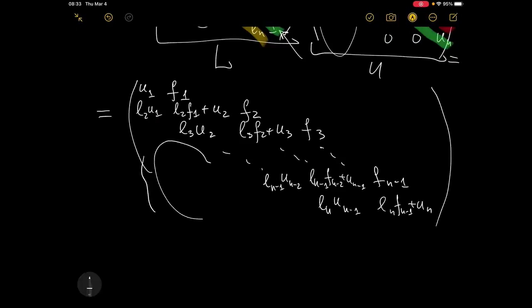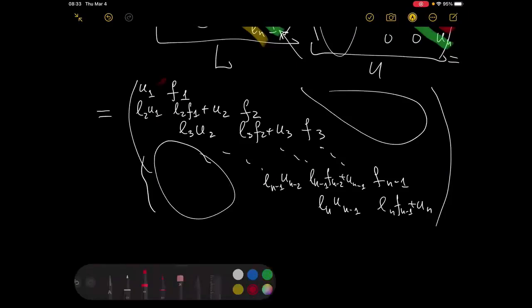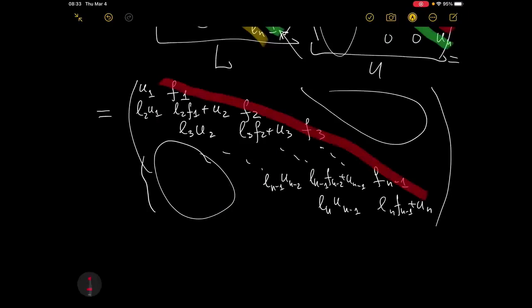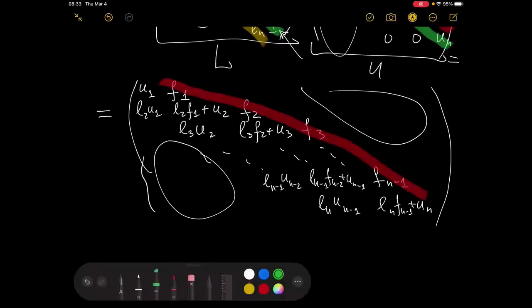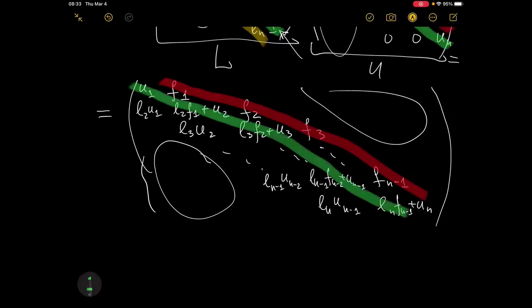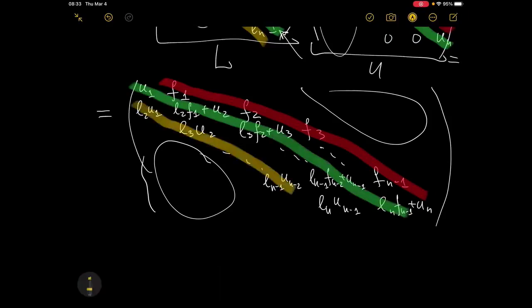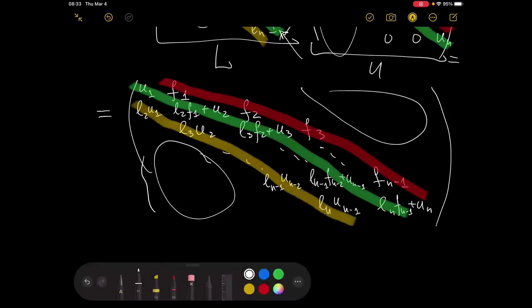Zeros here, zeros here. Once again, you can see that you have the super diagonal, main diagonal, and subdiagonal. So you got a tridiagonal matrix.